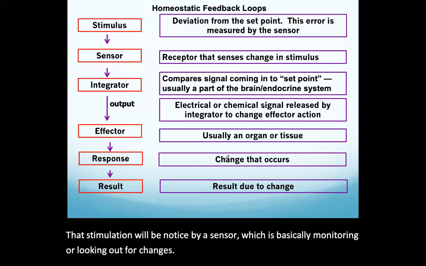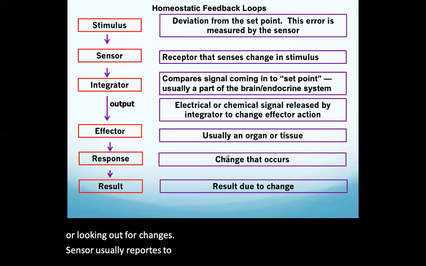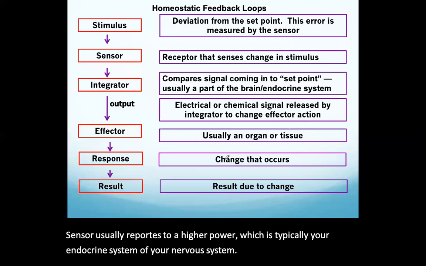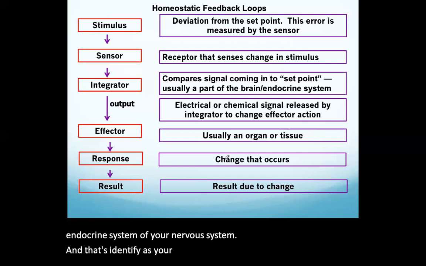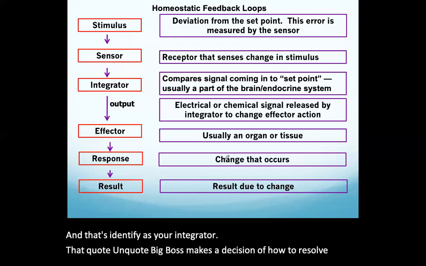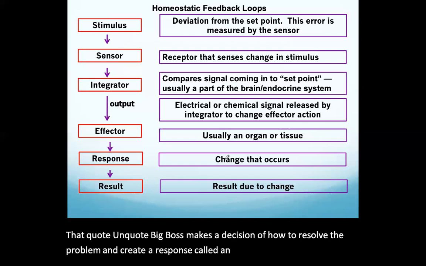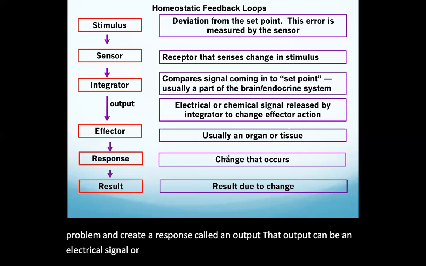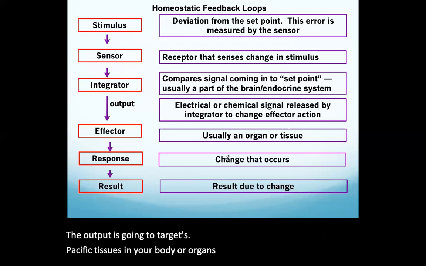The sensor usually reports to a higher power, which is typically your endocrine system or your nervous system, and that's identified as your integrator, the quote unquote big boss, which makes a decision on how to resolve the problem and creates a response called an output. That output can be an electrical signal or a hormone release from the endocrine system. The output is going to target specific tissues or organs within your body, and those organs or tissues will be identified as your effector.